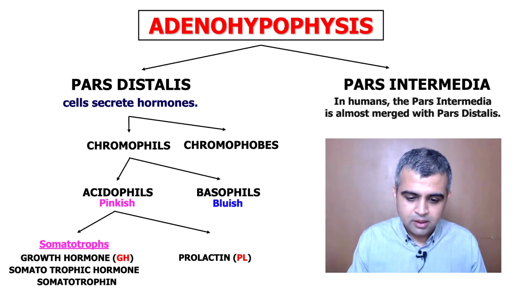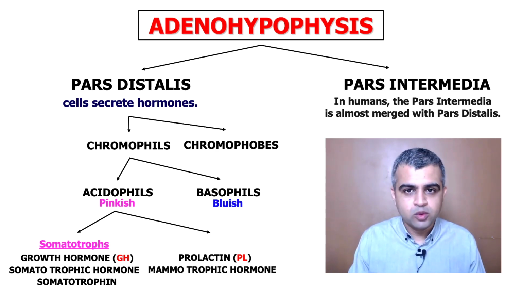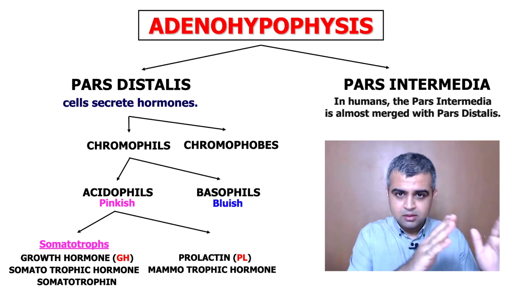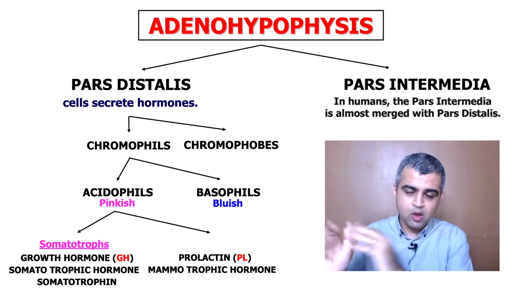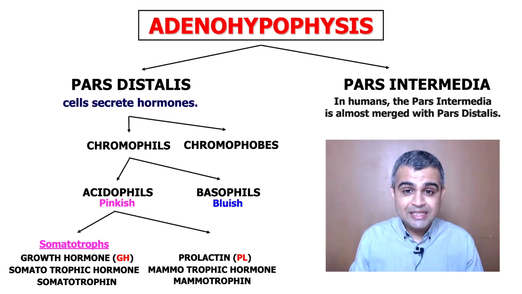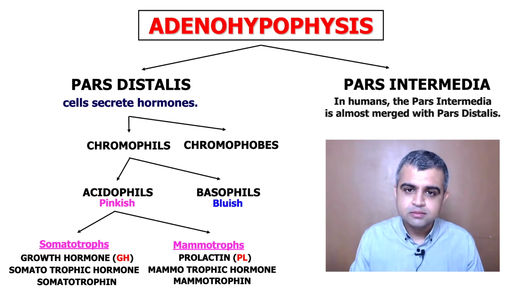Similarly, prolactin is called mammotrophic hormone, the hormone that stimulates the mammary gland. So these pink cells which are going to produce this hormone are called mammotrophs. So in the pituitary gland, if you cut the adenohypophysis, you will have color loving and color hating cells. Color loving cells are going to be of two types.